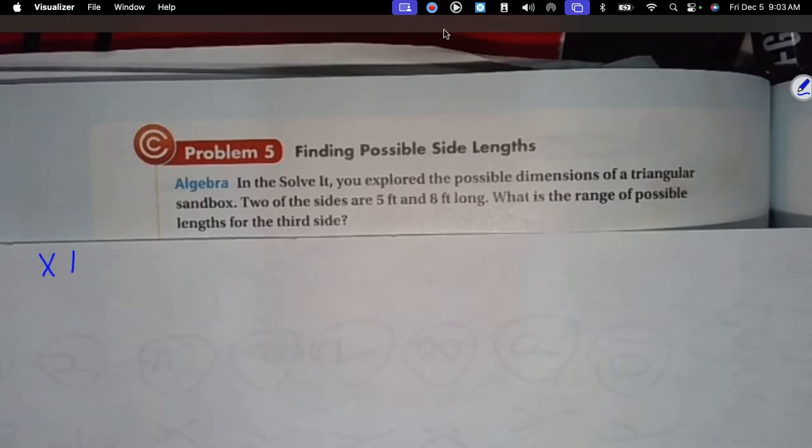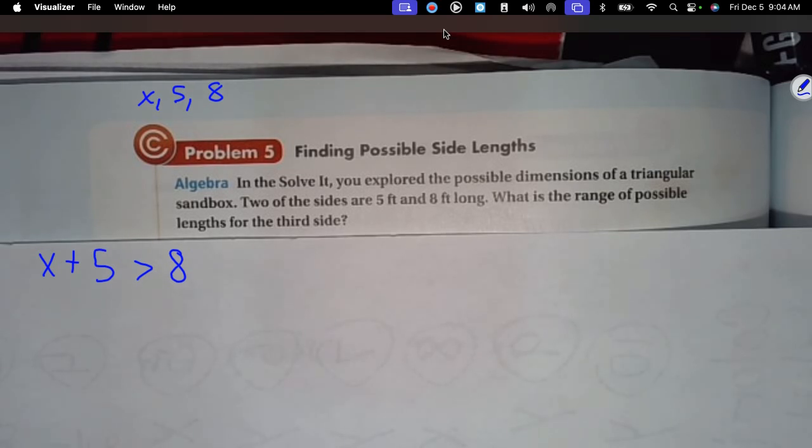X plus 5 has to be bigger than 8. Does everybody know why I use X? Because I don't know that side. I'm going to write down my 3 numbers: the one I don't know, 5, and 8. Is everybody good with that?